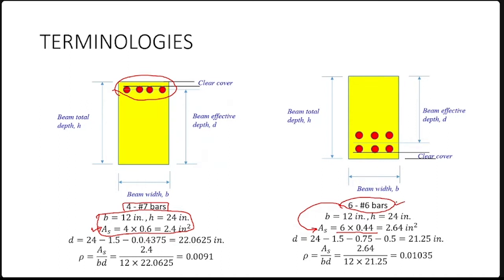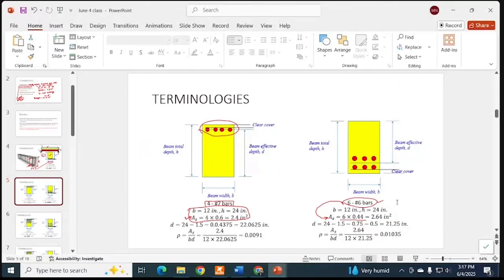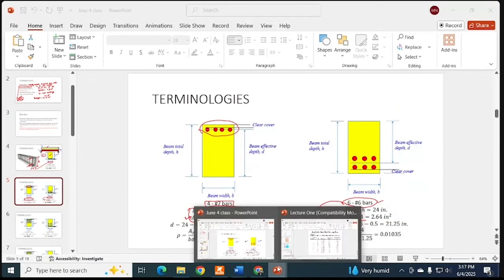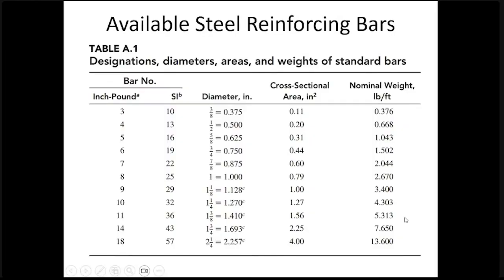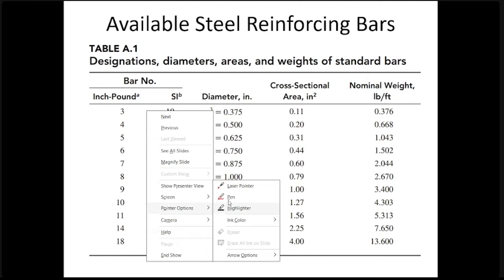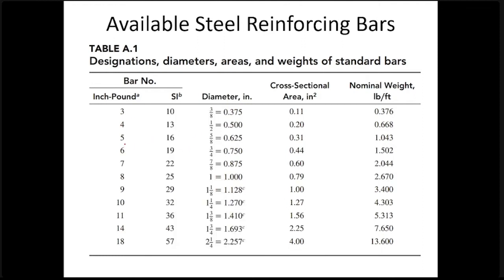So I'm telling you over and over again that you need to memorize these bar sizes. We are using here area of number 6 bars equal to 0.44, number 7 bars equal to 0.6, number 8 bars equal to 0.79. In our beam, usually these 4 types of bars are provided: number 5, 6, 7, 8.